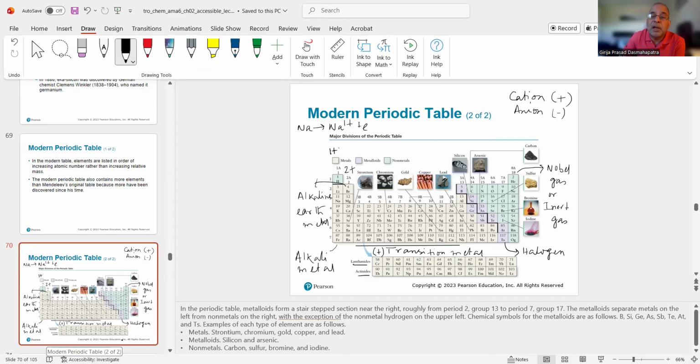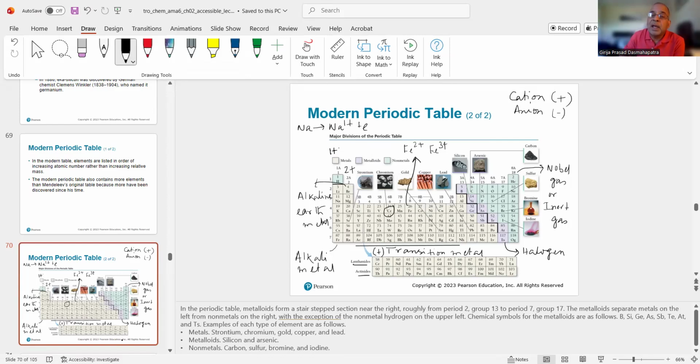For example, iron produces cations, but it can produce more than one type: iron 2 plus, iron 3 plus. Similarly, chromium can produce chromium 2 plus, 3 plus, and 6 plus. So all these transition elements are known for their capability to produce more than one type of ion.